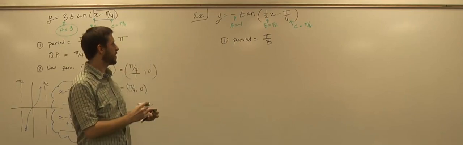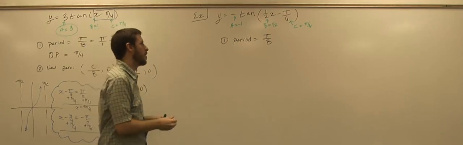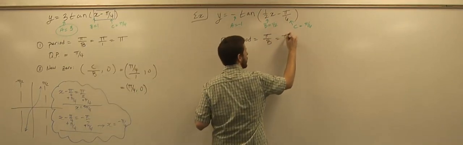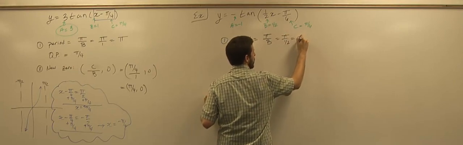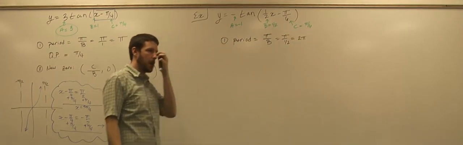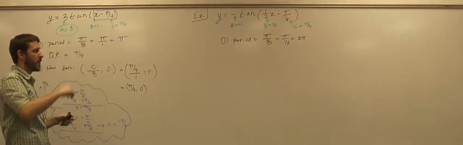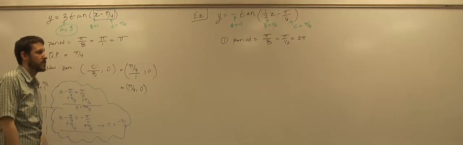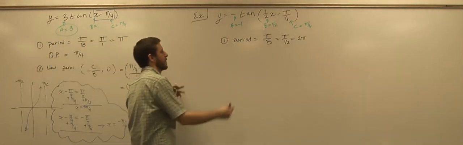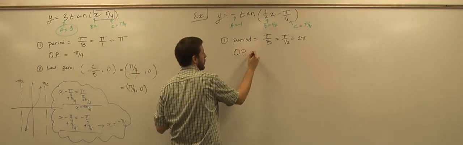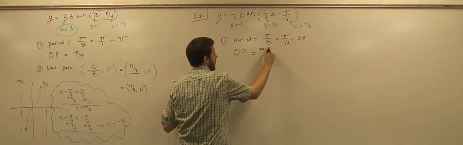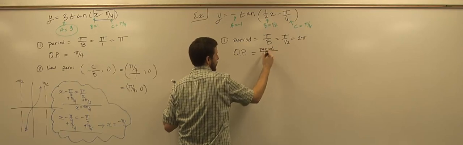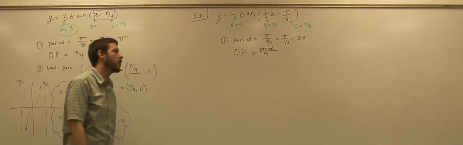So now I can read off my period. It's going to be pi over 1/2, which when you flip and multiply becomes 2 pi. Might as well calculate my quarter period real quick. That's just the period over 4.